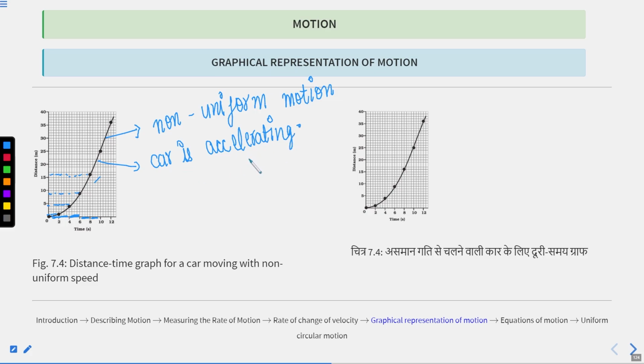So this type of curve shows acceleration. Where the speed is not uniform and the graph is not a straight line, the car must be accelerating or retarding, that is, acceleration in the positive direction or acceleration in the negative direction. A curve like this shows acceleration in the positive direction.